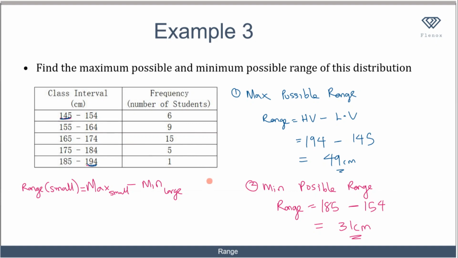However, if you are trying to find the minimum possible range in grouped data, you take the first value in the last row and you subtract the second value in the first row from it. So for the maximum, we have 194 minus 145, while for the minimum, we have 185 minus 154. So that pretty much sums up our discussion on finding the range.